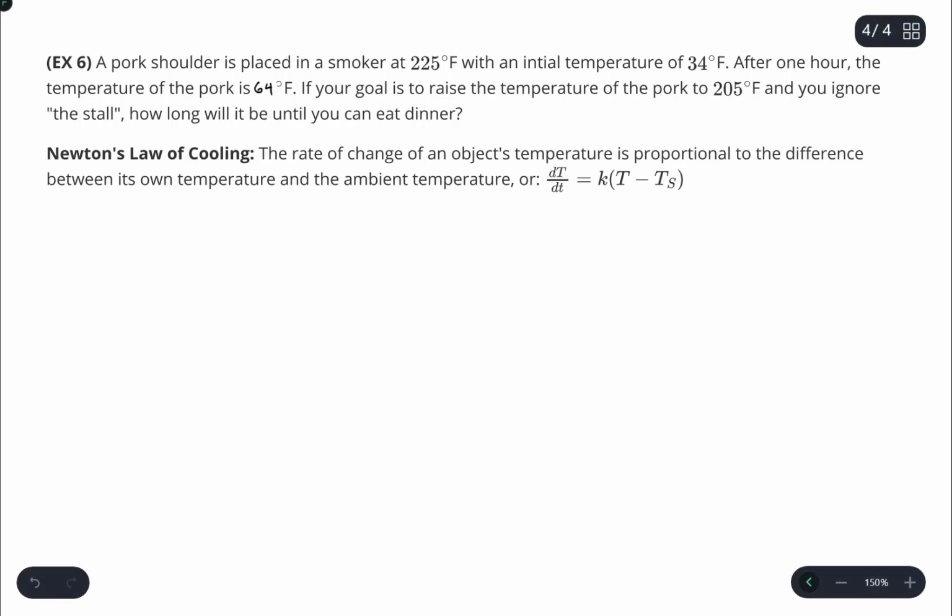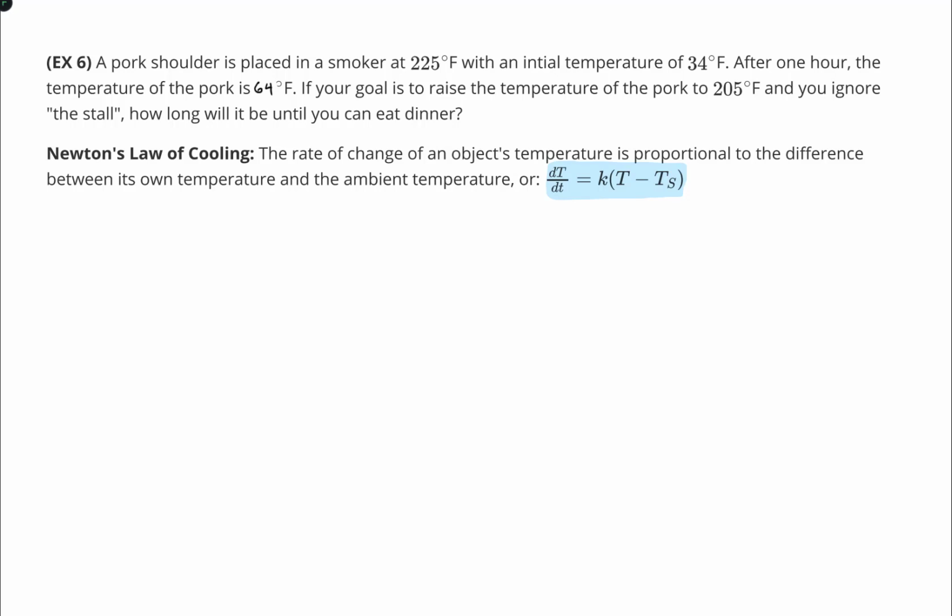But we will need to begin with the differential model. And so, unlike the last couple of examples, we will need to solve this ourselves using separable differential equations, then get a model to work with, and then start the rest of the process.